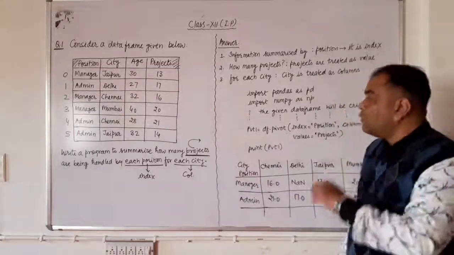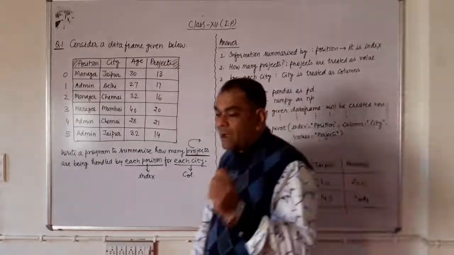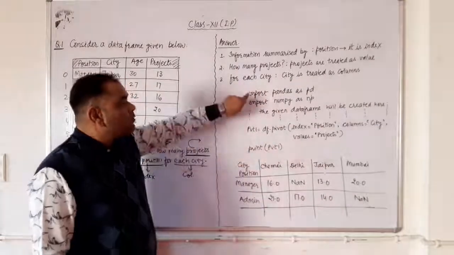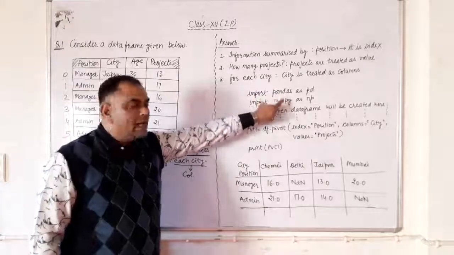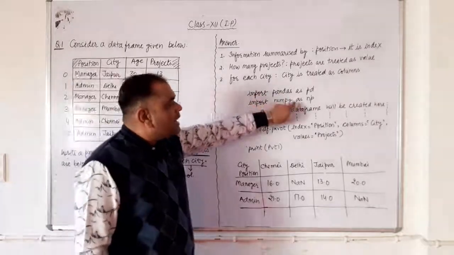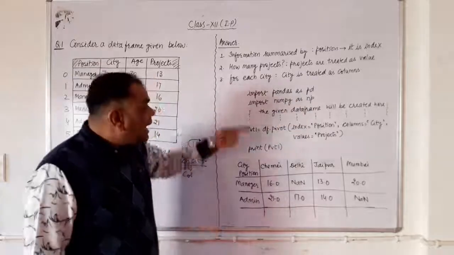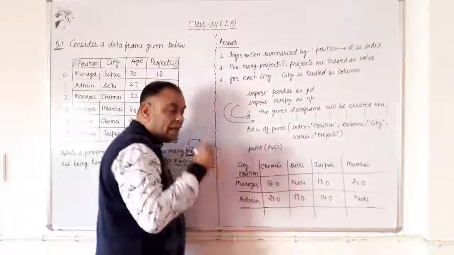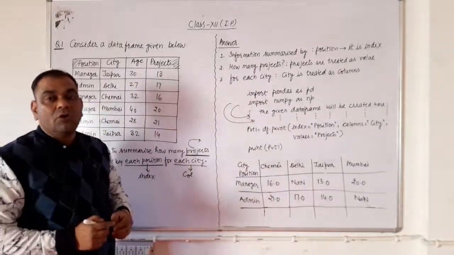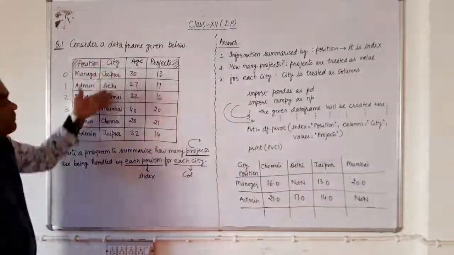Now if we are going to write the program related with this question, our program should start from import pandas as pd, first line, import numpy as np, second line, and now in this area we have to write the code for the data frame creation.